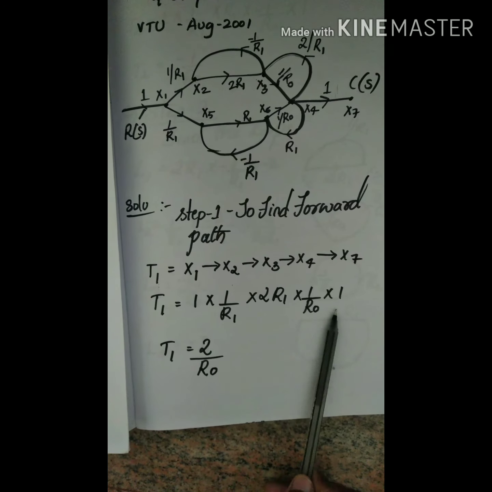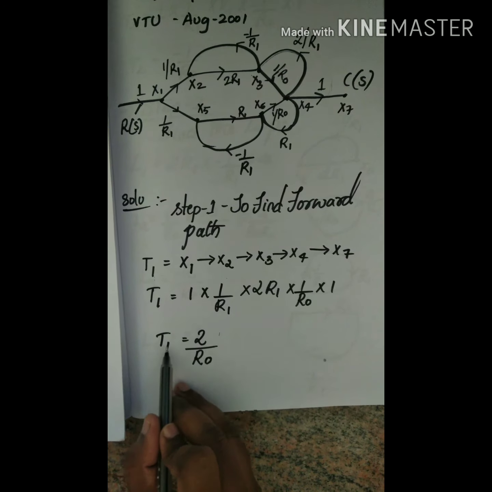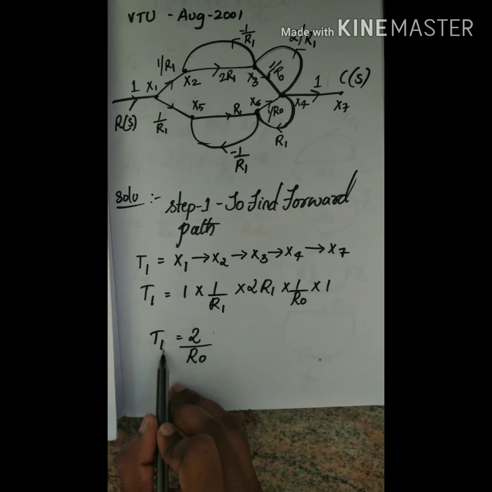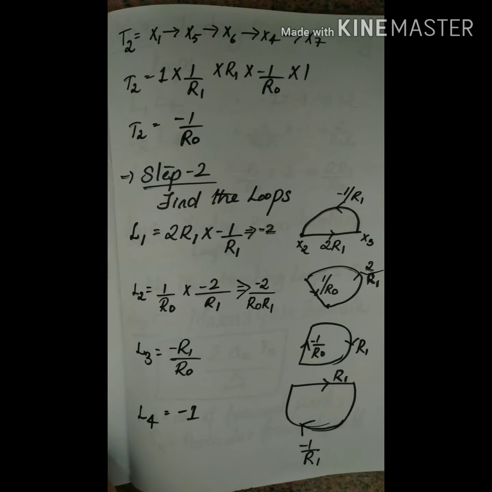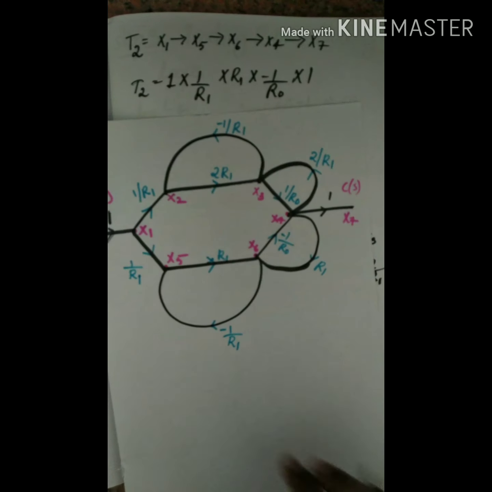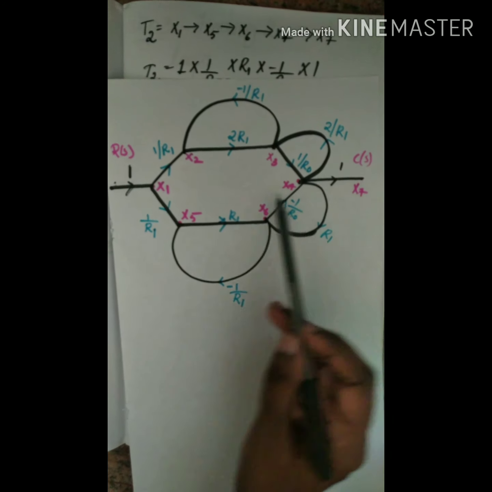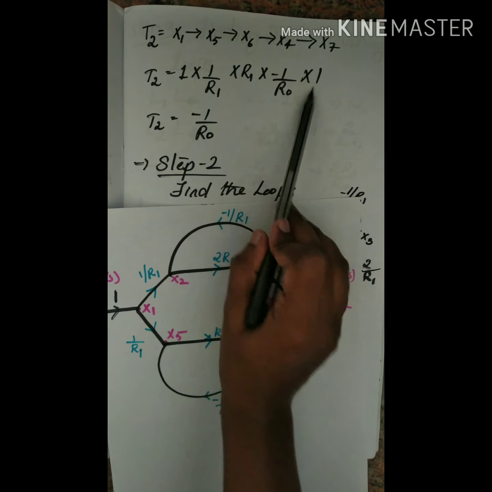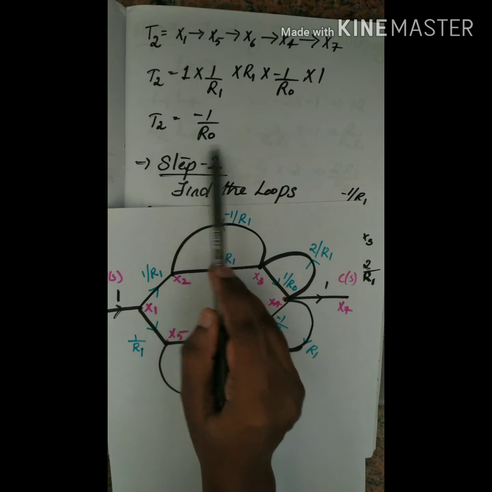When you multiply all this, you get 2 by r0, which is the first forward path's gain. Now the second forward path is x1, x5, x6, x4. When you multiply this second forward path, the gain is 1 by r0.